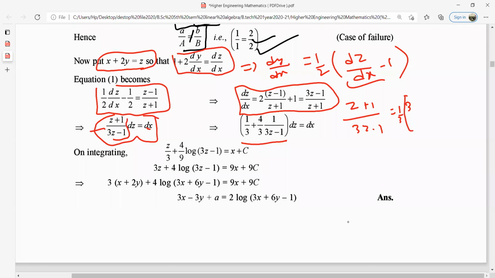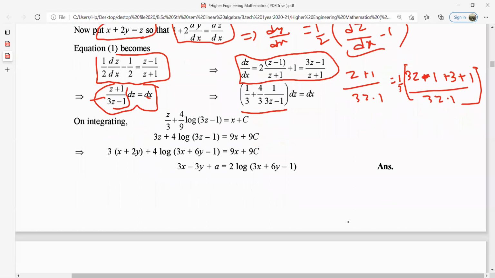After that, 3z plus. So here also 3. So what we do: I'm taking minus 1 here, already 1 is 3 here, and plus taking 1 also, divided by 3z minus 1. Also you have to use the partial fraction case here. After that I simply solve this 1 by 3.